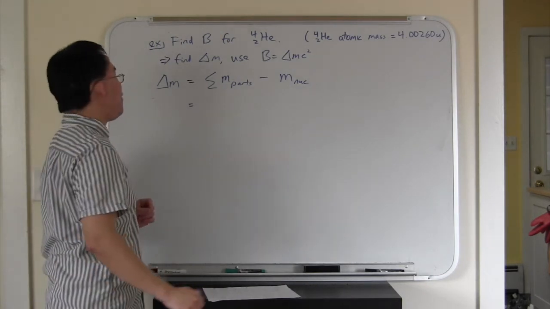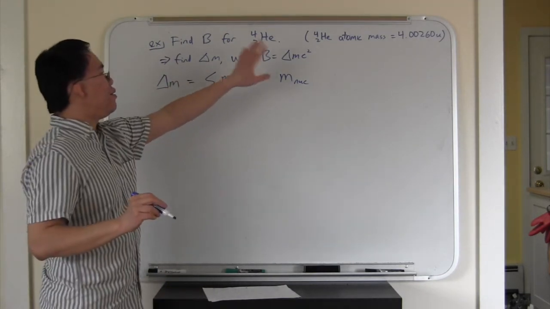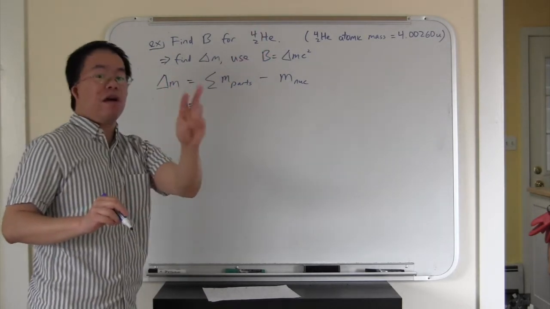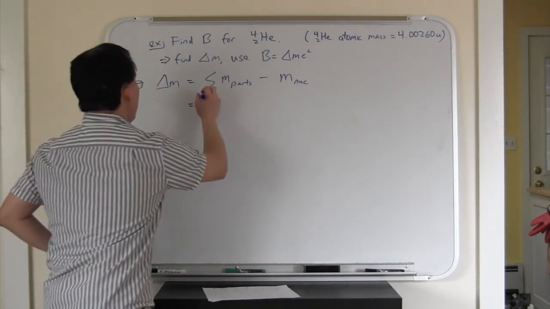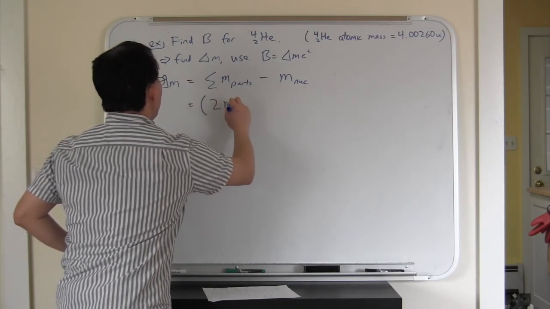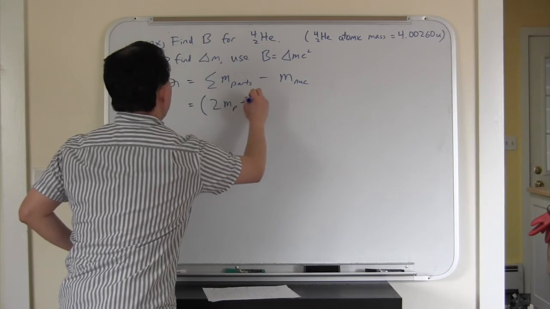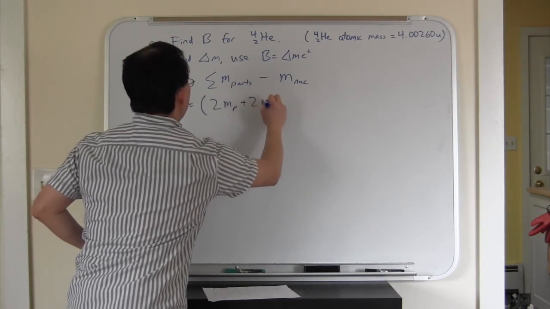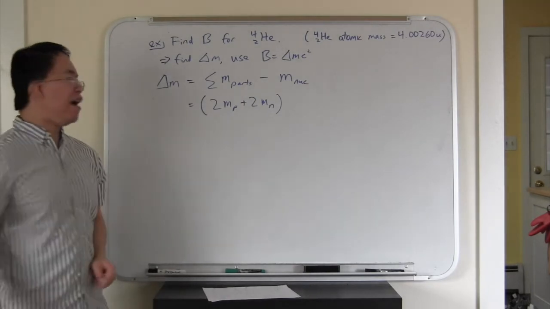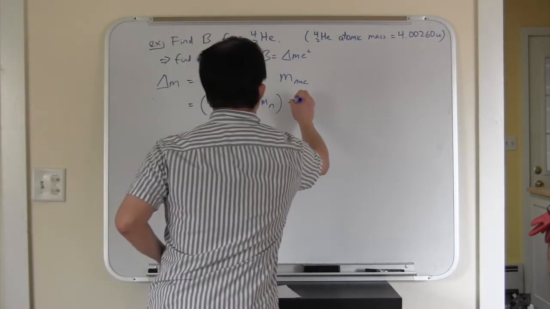The nucleus of helium-4 has 2 protons and 2 neutrons, so I'll write this as 2m proton plus 2m neutron. And then we have to subtract the nuclear mass.